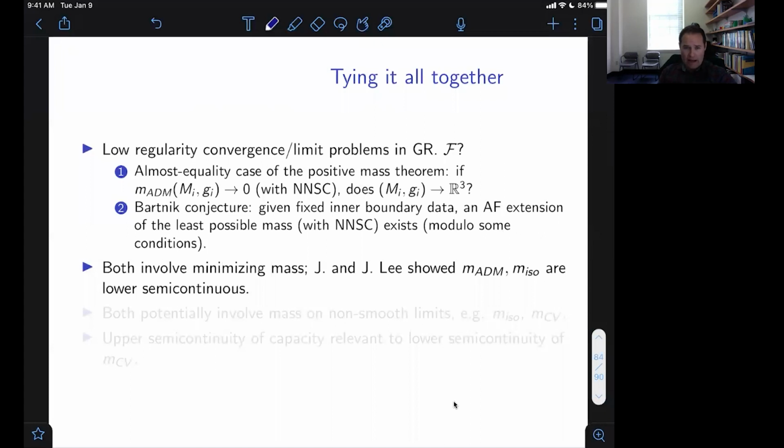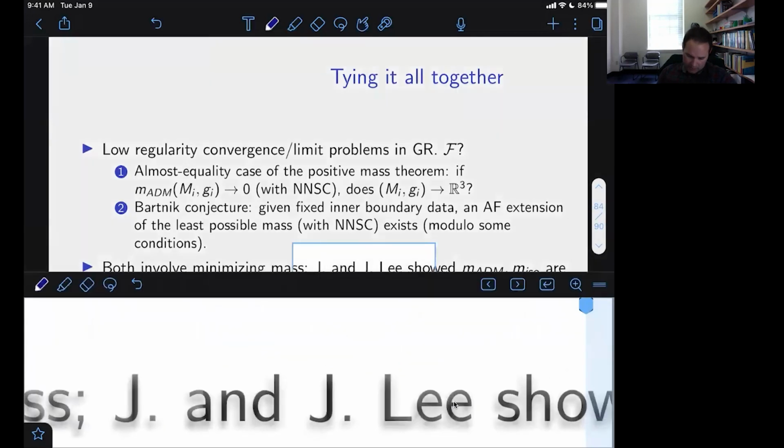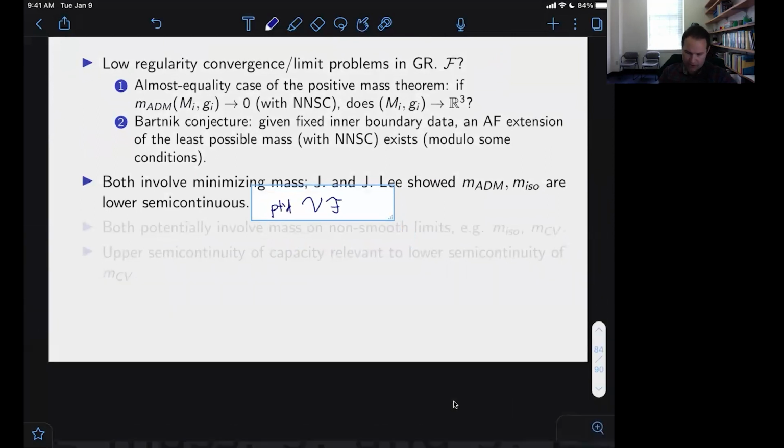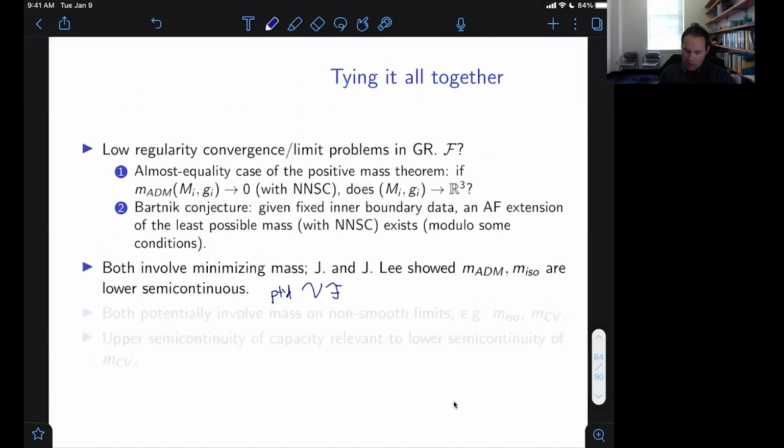Okay. This is the strongest result is for pointed VF convergence. Both of these problems involve studying mass on non-smooth limits, so that opens the door to considering things like the isoperimetric mass, this capacity volume mass.